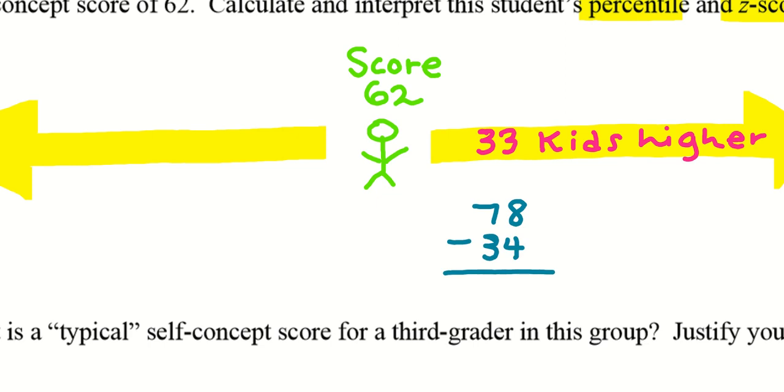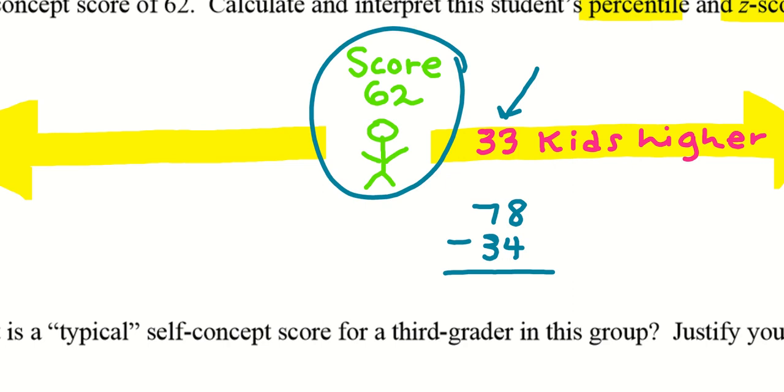And the reason why you're doing 34, there are 33 kids higher, not to mention you have to add him, because we're only interested in who is lower. So 78 minus 34 is going to give us 44. And to calculate a percentile, we do 44 divided by the whole group. And when I type that in my calculator, I get the 56th percentile.